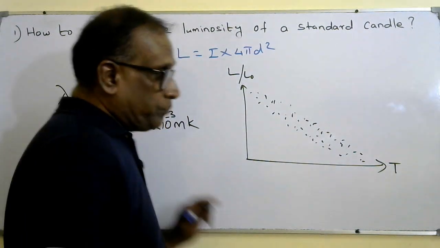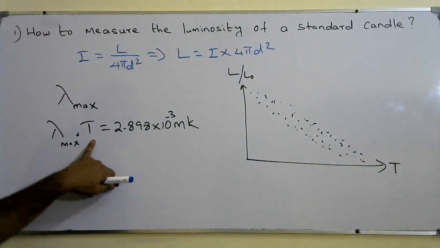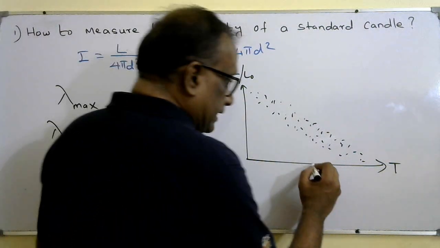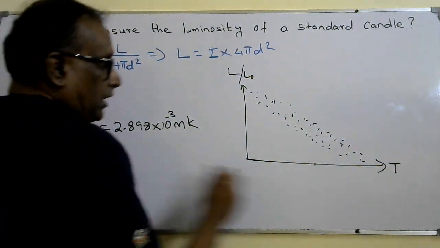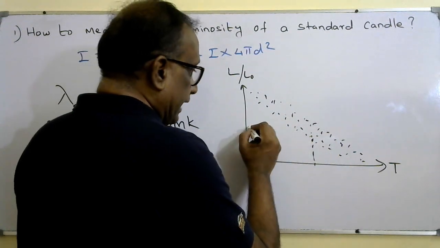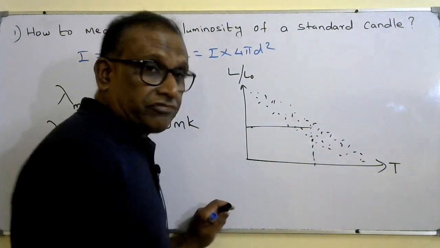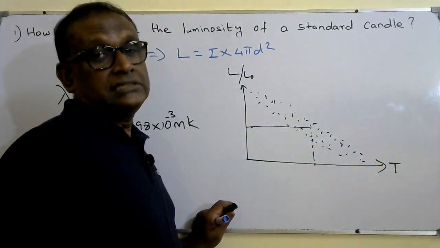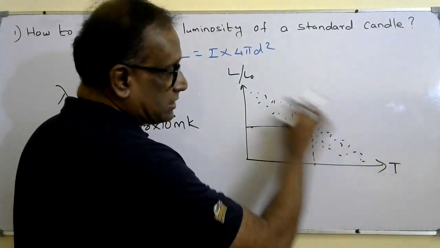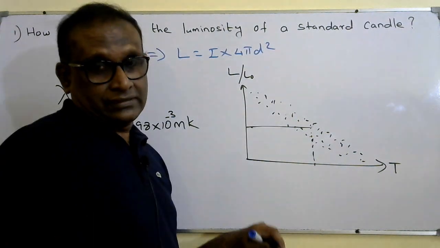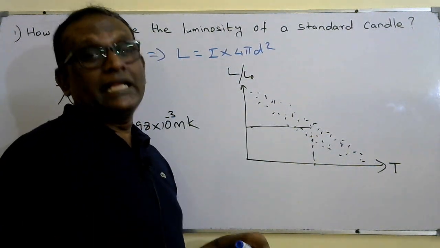We know the surface temperature, so using the x-axis, where the temperature you obtain, you find the relative luminosity. But there will be a large uncertainty.